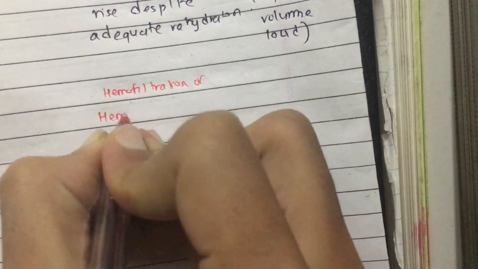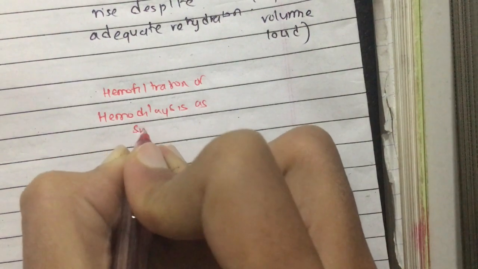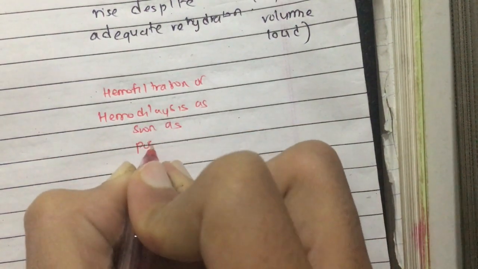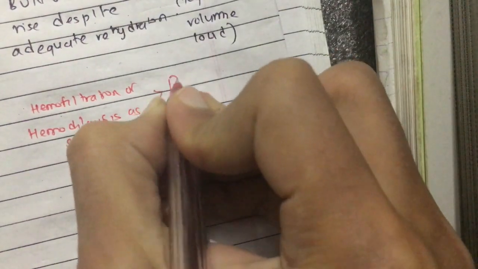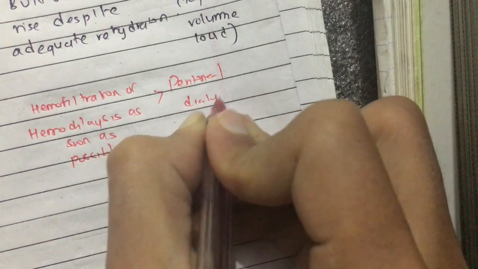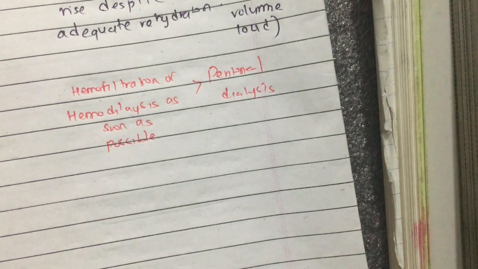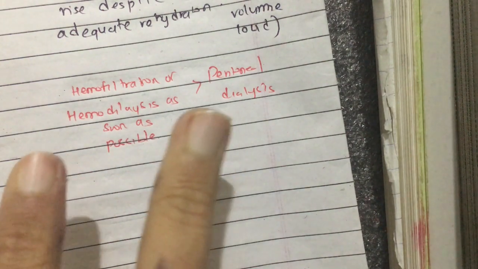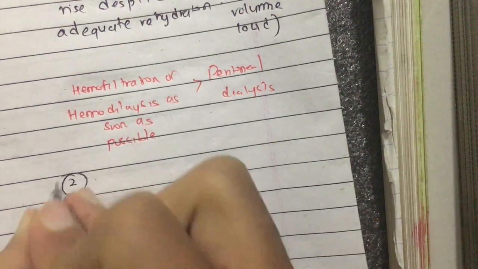Hemofiltration and hemodialysis are preferred over peritoneal dialysis. Okay, for acute renal failure, the main treatment is hemofiltration or hemodialysis, which should be done as soon as possible.